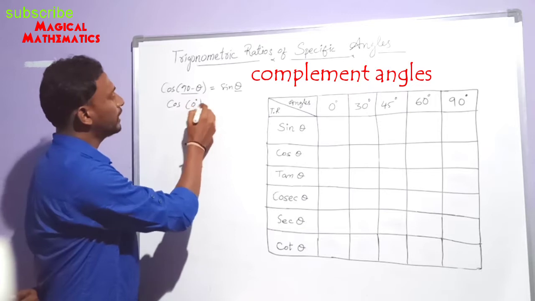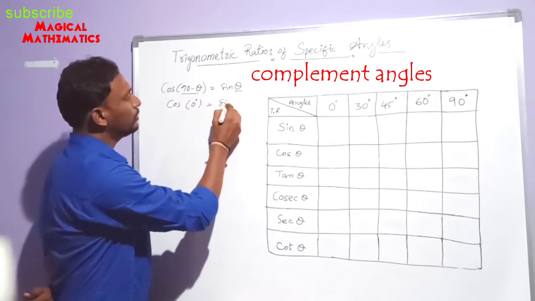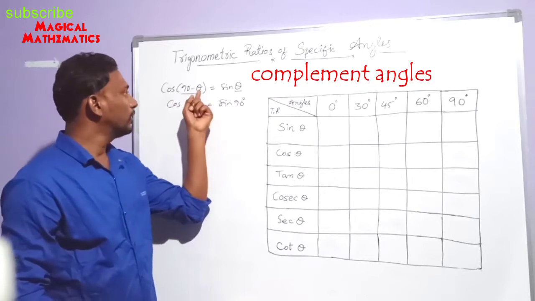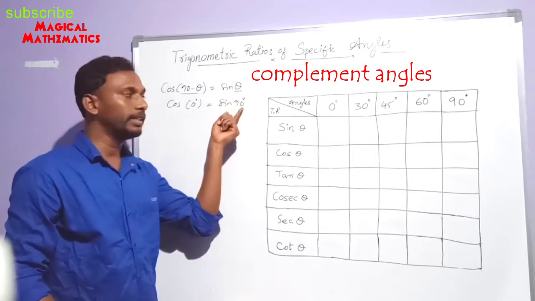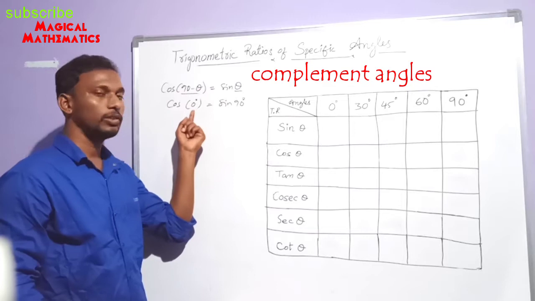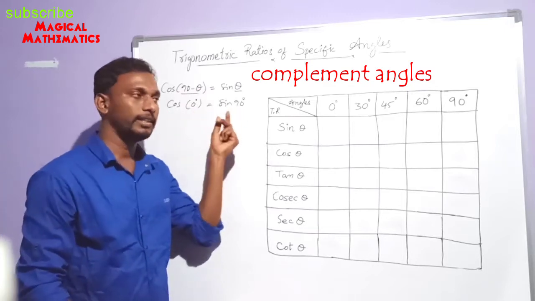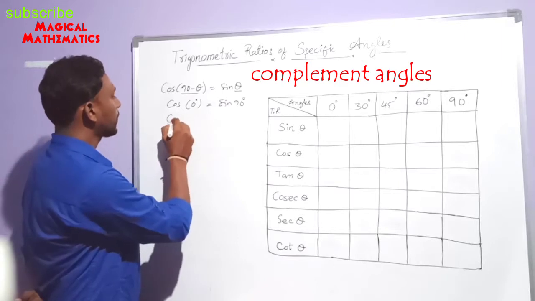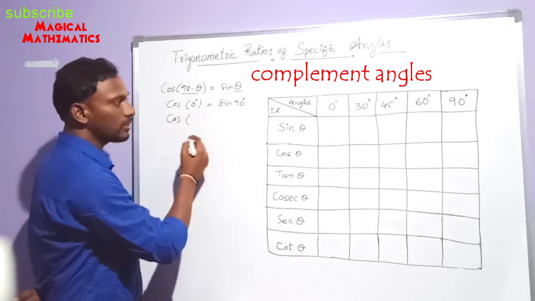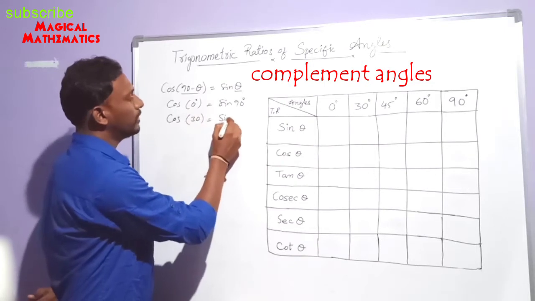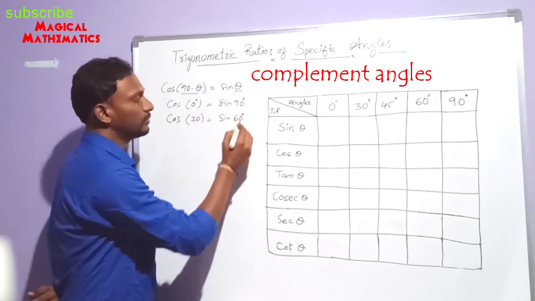cos 0, if you are taking, will be equal to sin 90. Here theta is 90 degrees, so 90 minus 90 is 0. So cos 0 is sin 90. Same like that, cos 30 will be equal to sin 60.